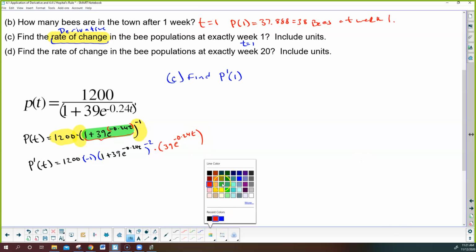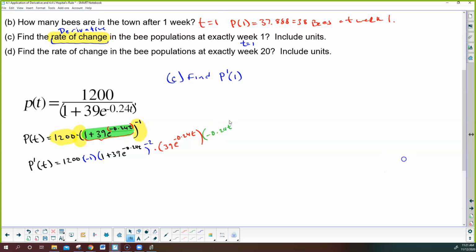But then we have that extra chain rule because I now have to take the derivative of the inside part, which is negative 0.24t. So this does not look super friendly, but all it is just either a quotient rule or a chain rule if you rewrite it. And it doesn't matter, you get the same answer either way, it just might look different.